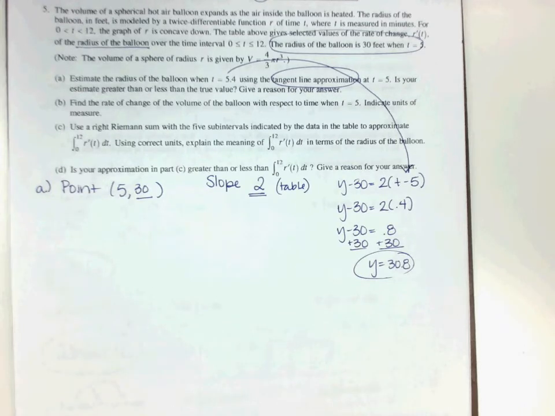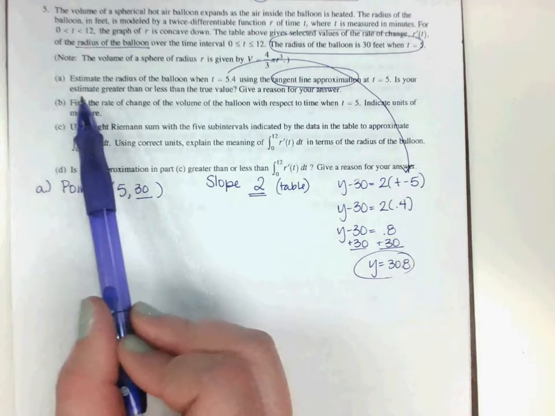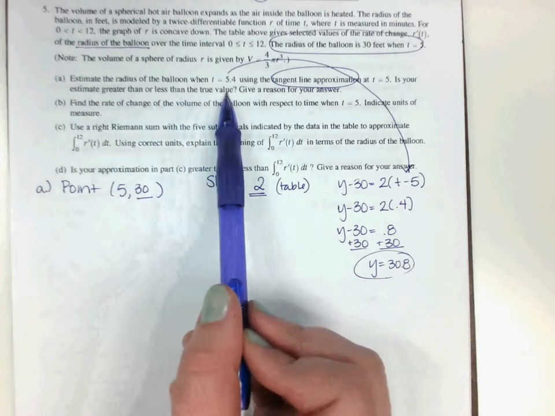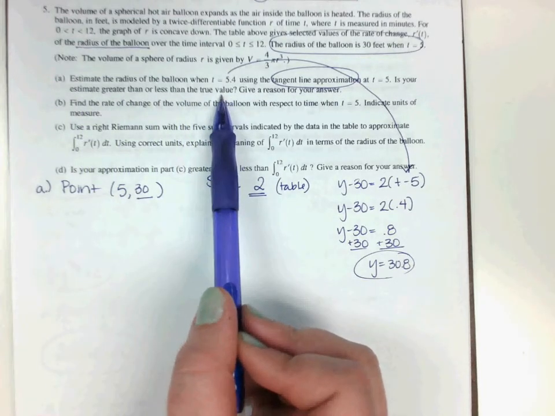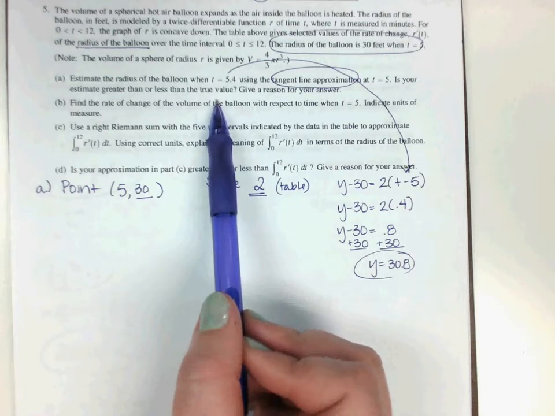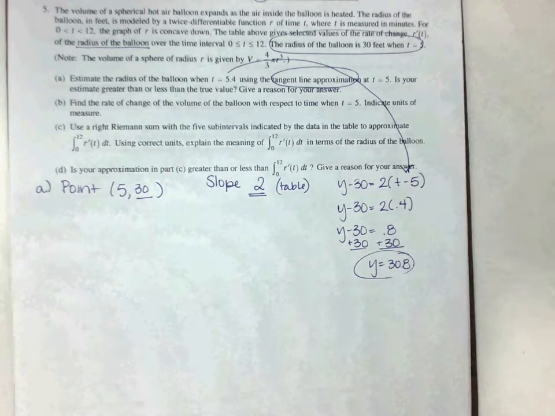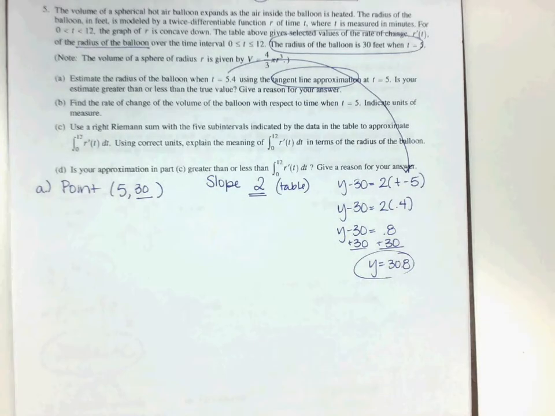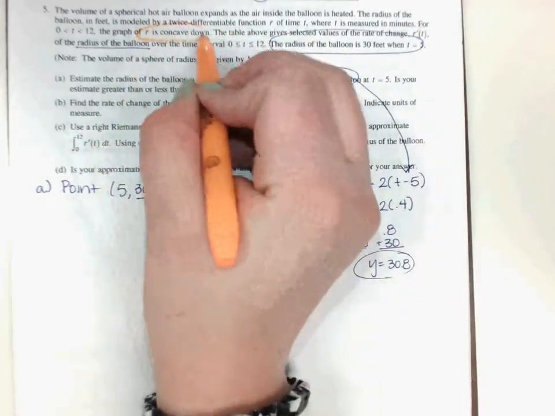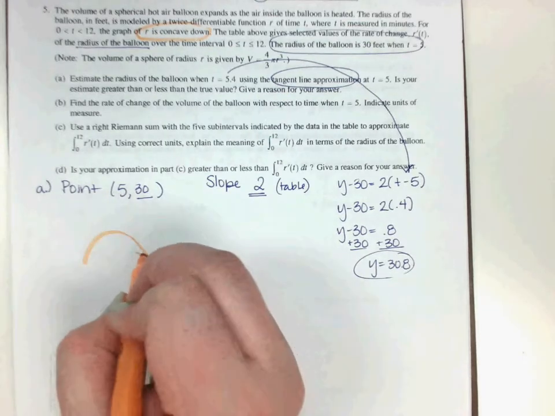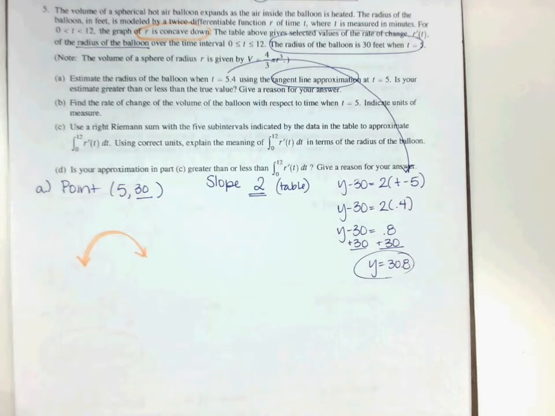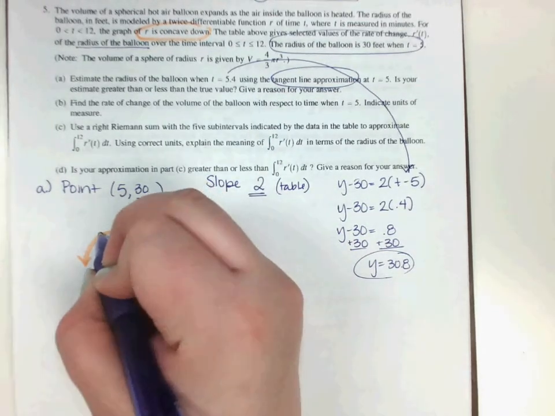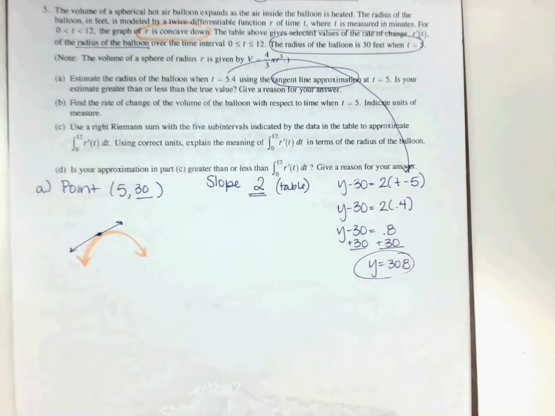Then the second part of the question says, is your estimate greater than or less than the actual value? We need to know concavity for that. Look at your paragraph, they have to tell you that. What does it say right here in the middle? r is concave down. So if r is concave down and I draw a tangent line onto a concave down graph, my tangent line is going to be over.